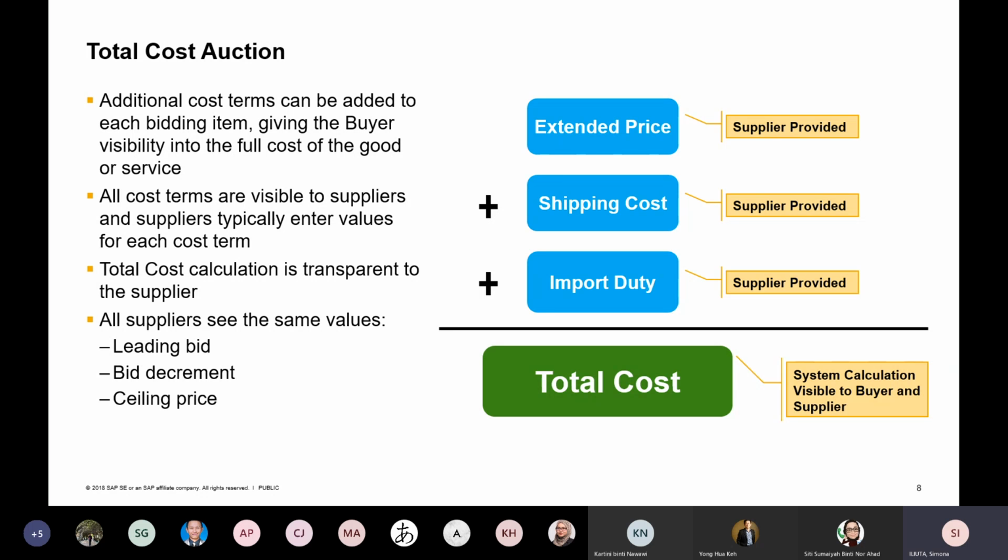The bid decrement is the amount or the percentage calculated from the amount that a bid must be lowered, and the ceiling price corresponds to the starting price. So you would run a total cost auction when you are pretty much sure that the suppliers may give you better values for the shipping cost and the import duty that you have.